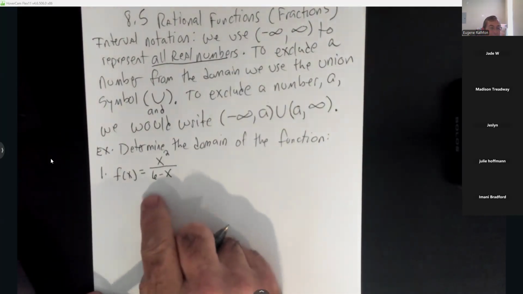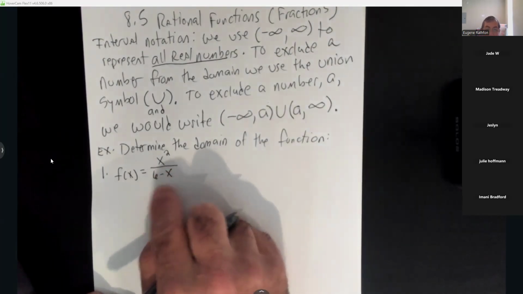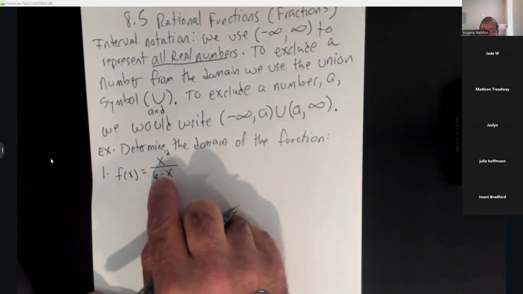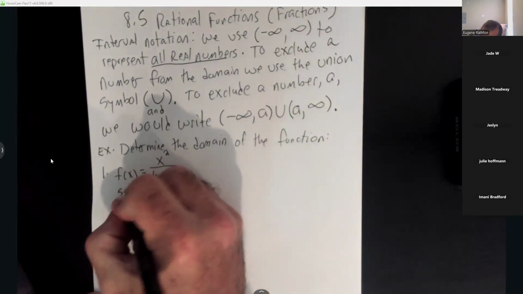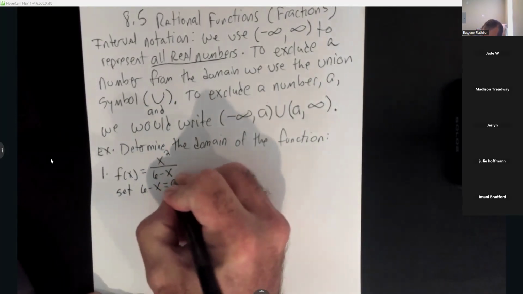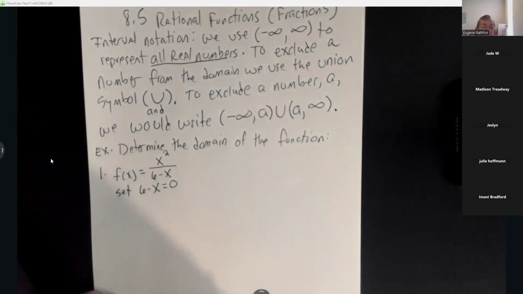Now, we still find the domain the same way. We worry about the bottom only. The denominator is all we care about. And it cannot equal zero, remember? So what I did on these, I set the bottom equal to zero and solved it for the variable. Once I solved it for the variable, I knew what numbers to exclude, okay?